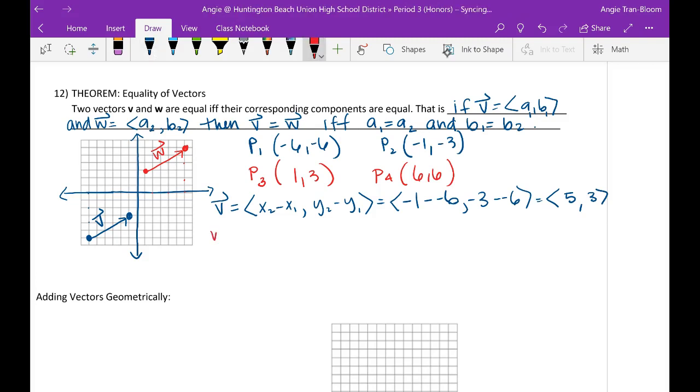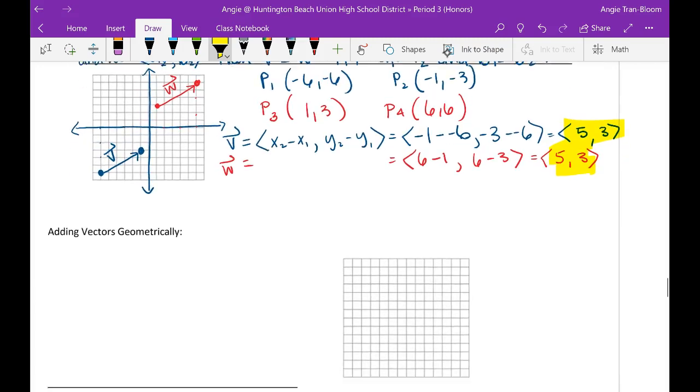Now vector w, we are going to use the same formula with its points: 6 minus 1, and then 6 minus 3, those are the y's. 6 minus 1 is 5, 6 minus 3 is 3. So check it out, the components are exactly the same, even if they are in different locations. So these two are now equal vectors.